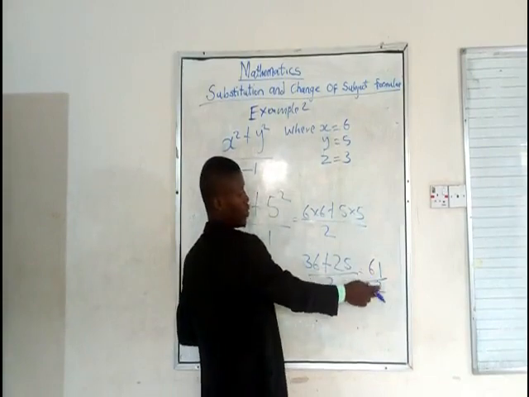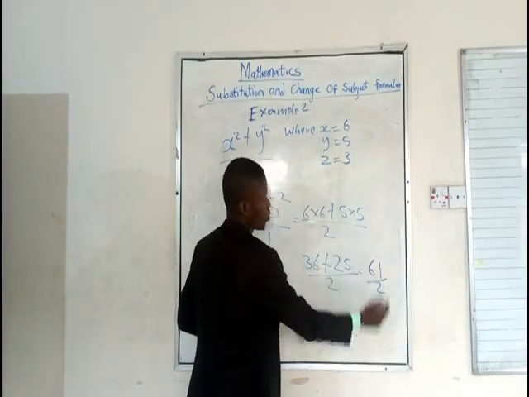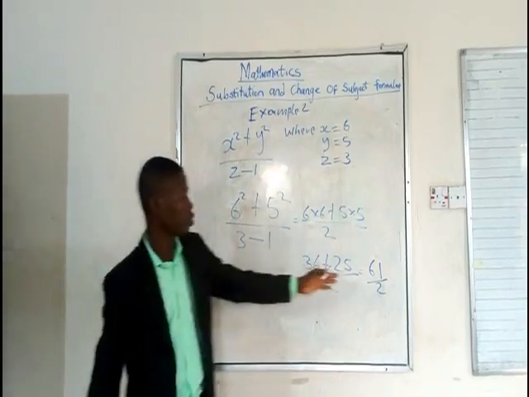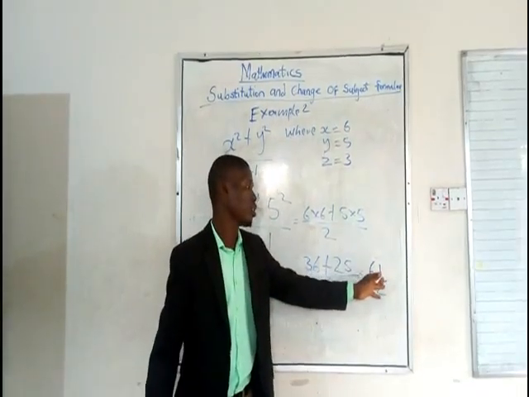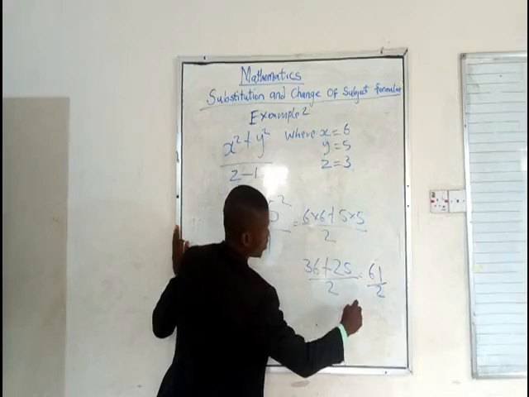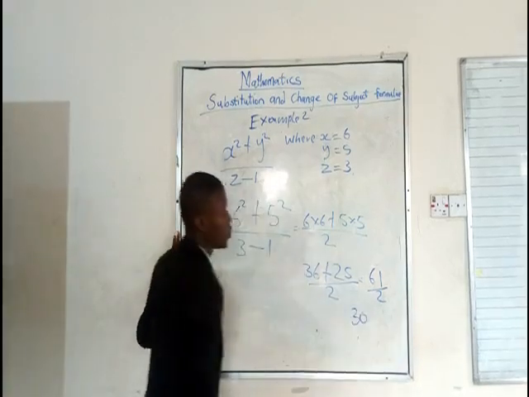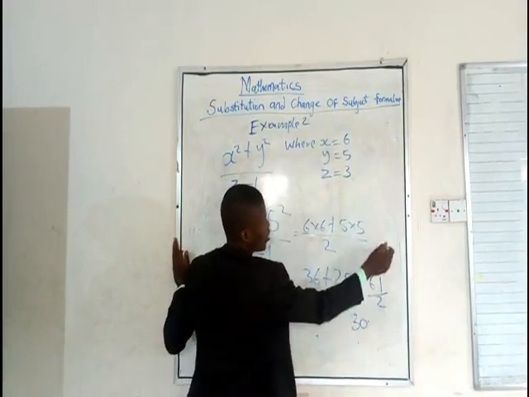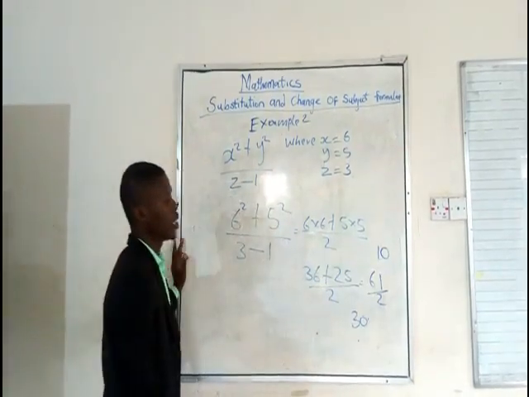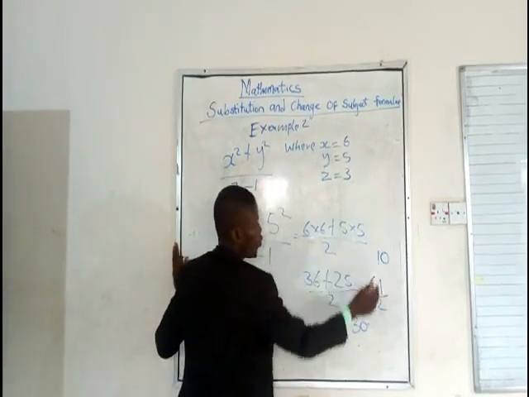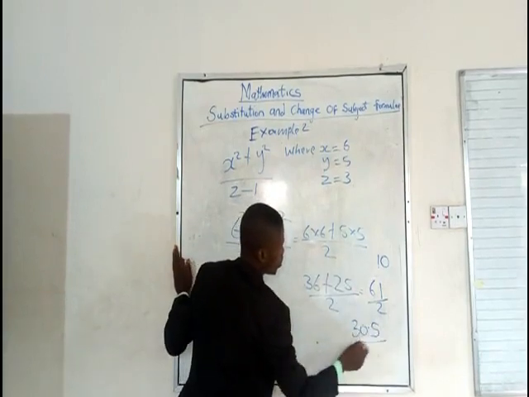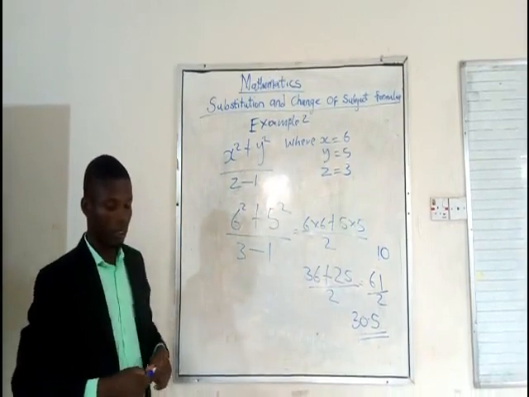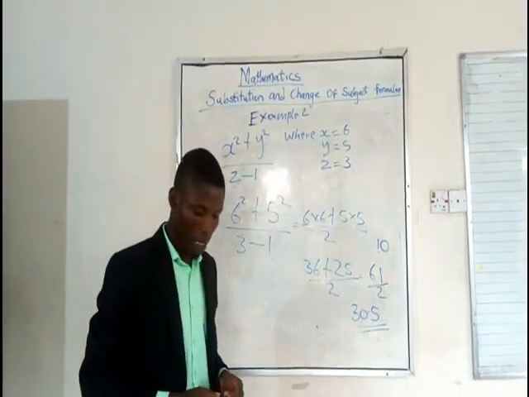We'll get a wrong answer if we follow that way, so let's take it all together. 61 divided by 2 gives us 30, remainder 1. Then we put a point here, add 0 to that 1 to make 10. 10 divided by 2 gives us 5. So our answer is 30.5.